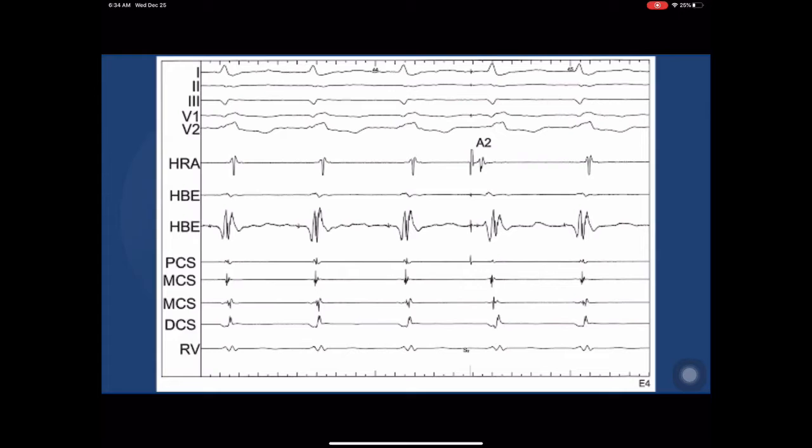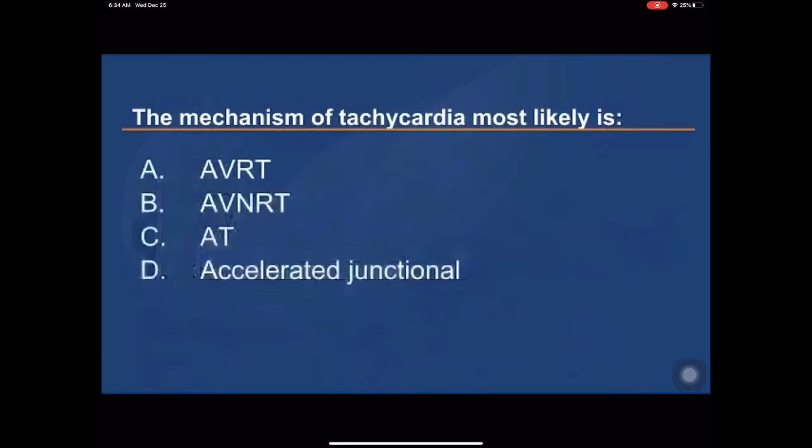What I'm going to ask you now is, based on this, what is the mechanism of tachycardia? The mechanism of tachycardia most likely is AV reentry tachycardia, for example, over WPW, AV node reentry, an atrial tachycardia, or an accelerated junctional tachycardia. So I'm going to want you to think about that and pick one.